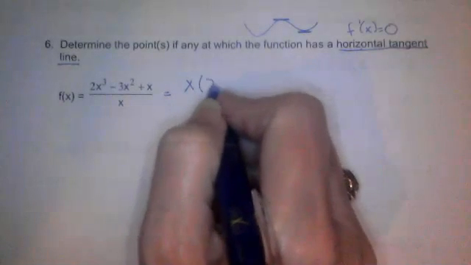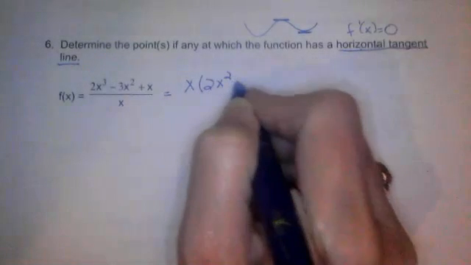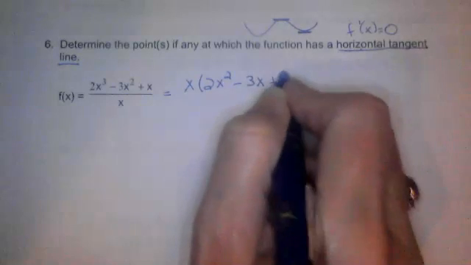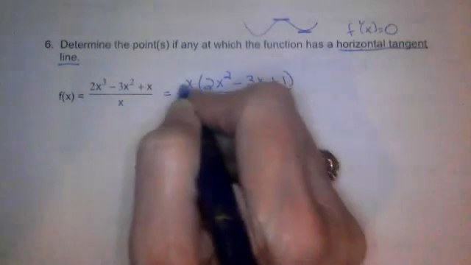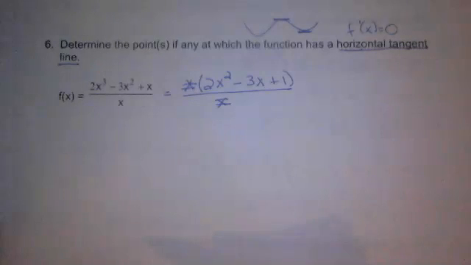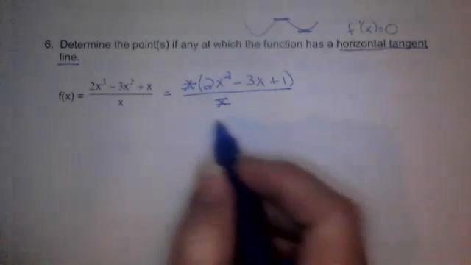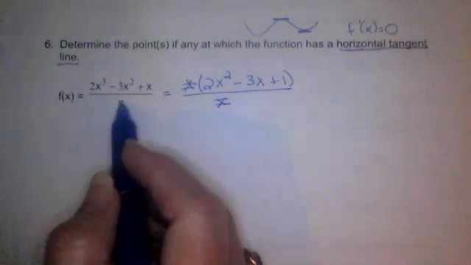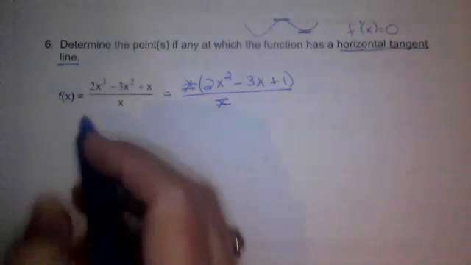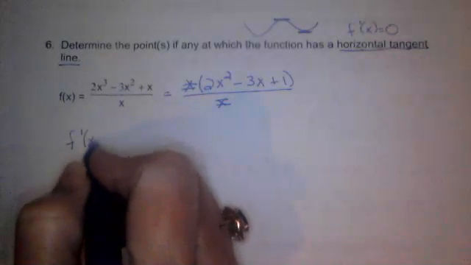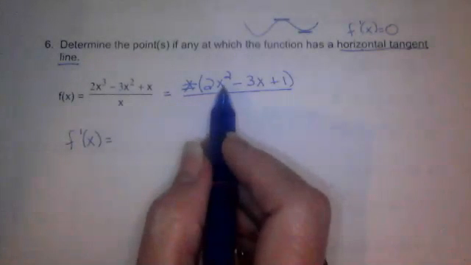We can pull an x out of this numerator. And when I do that, this reduces. So that makes finding the derivative a whole lot easier. I don't have this to work with anymore. So I can use my power rule on this function.